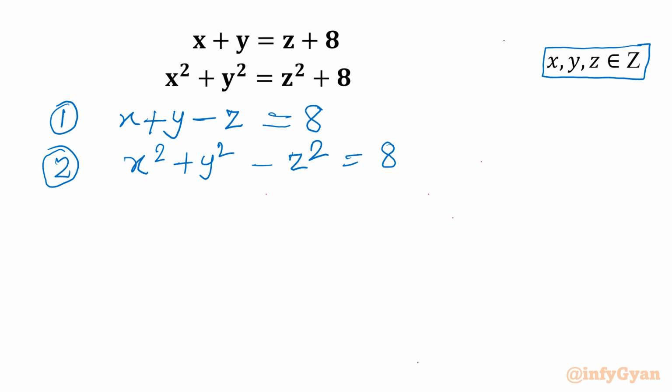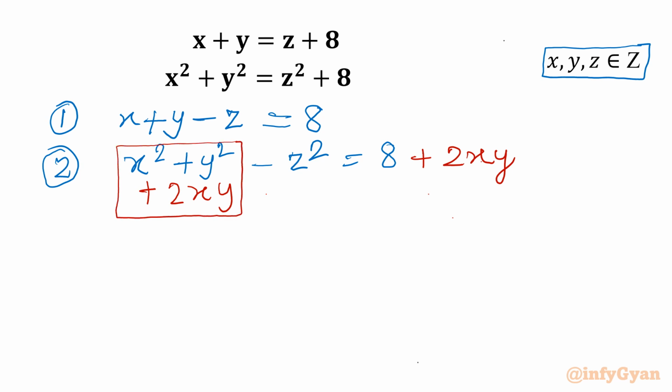Now I will add 2xy to both sides. So this side also I will write plus 2xy. Now if you notice, from these three terms I can write one perfect square, x plus y, whole square, minus z square.